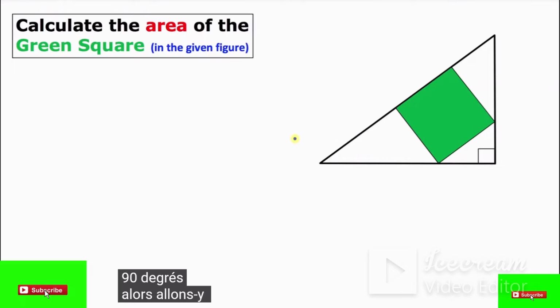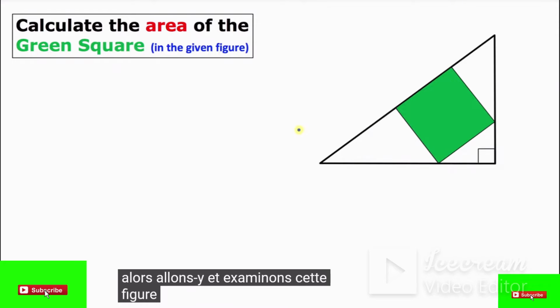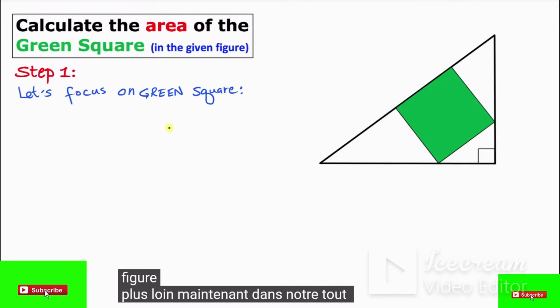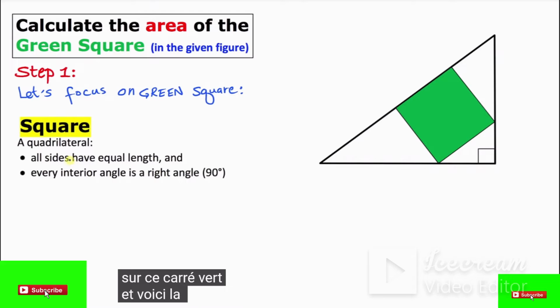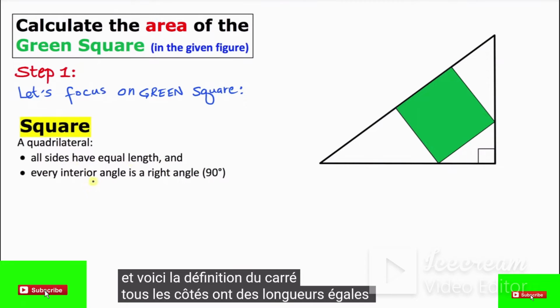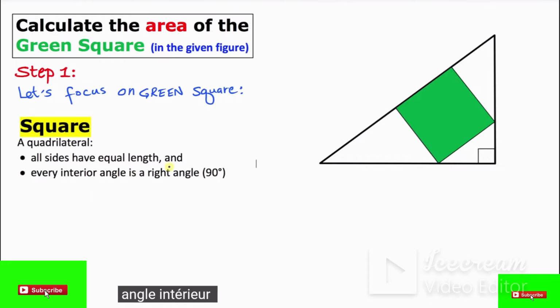So let's go ahead and examine this figure further. In our very first step, let's focus on this green square, and here's the definition of the square. All sides have equal lengths and every interior angle is 90 degrees. That means right angle.